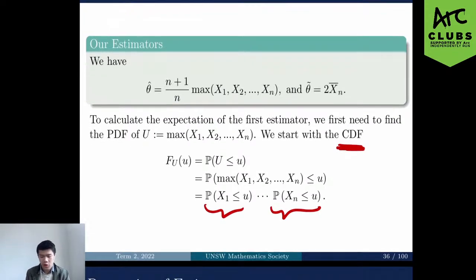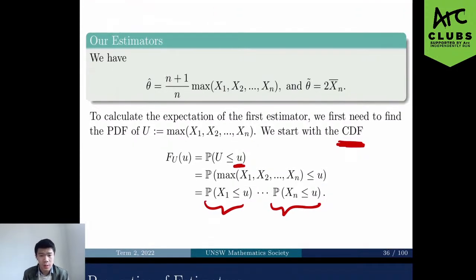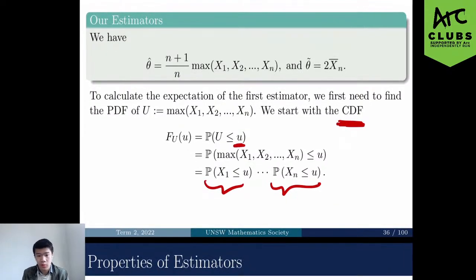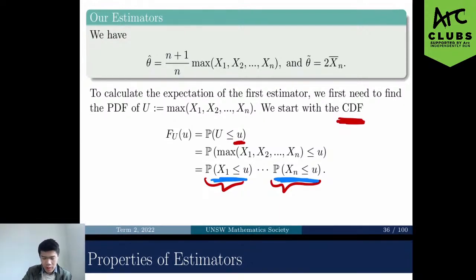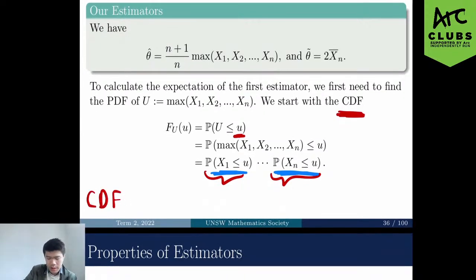So the probability of U being less than or equal to u is equal to the probability of the max of these random variables being less than or equal to u. And that's actually just equal to the probability that all of them are less than or equal to u. So we can express it as a product of the individual CDFs. So the CDF is nice because the CDF of a maximum is the product of individual CDFs.